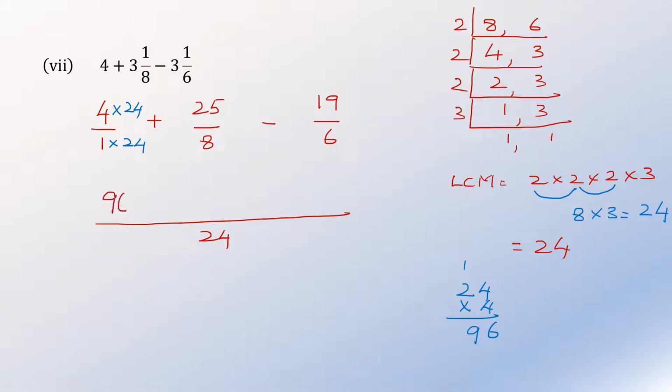So 96 plus, let's go to the next fraction and see. 8 into what will give us 24. 8 3s are 24. So 25 3s are, let's multiply. 25 into 3. 3 5s are 15, carry 1. 3 2s are 6 plus 1, 7. So we've got 75. Now let's take the last fraction.